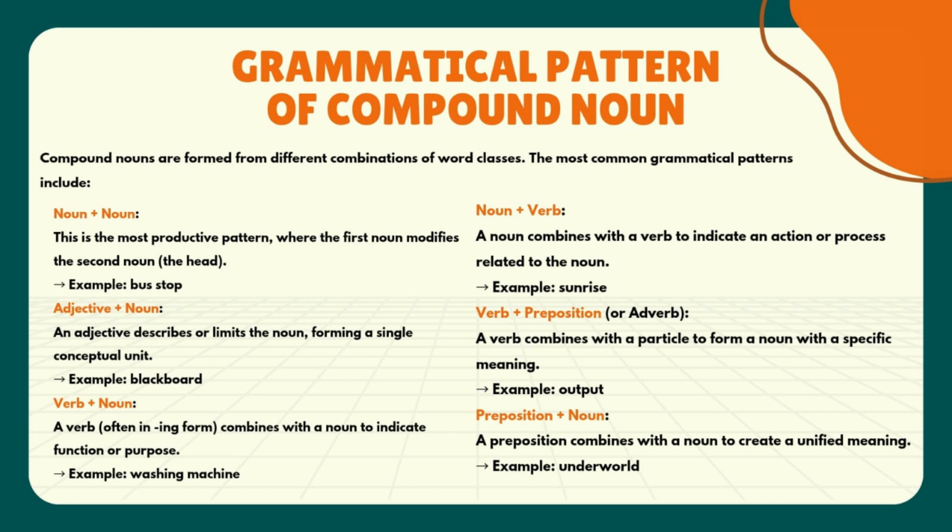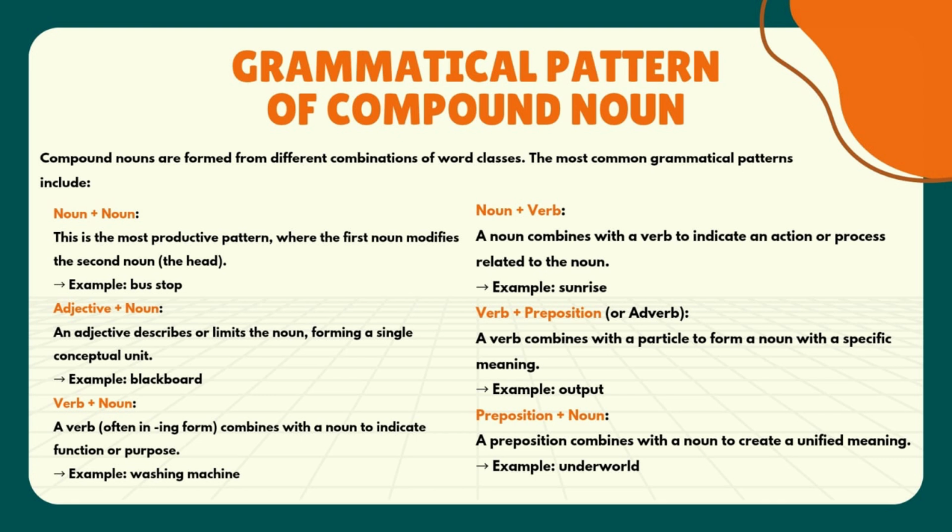The next one is adjective plus noun. An adjective describes or limits the noun, forming a single conceptual unit. For example, blackboard. The next one is verb plus noun. A verb, often in ing form, combines with a noun to indicate function or purpose. For example, washing machine. The next one is noun plus verb. A noun combines with a verb to indicate an action or process related to the noun.